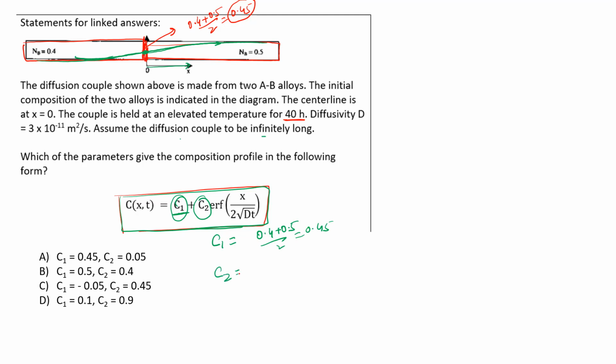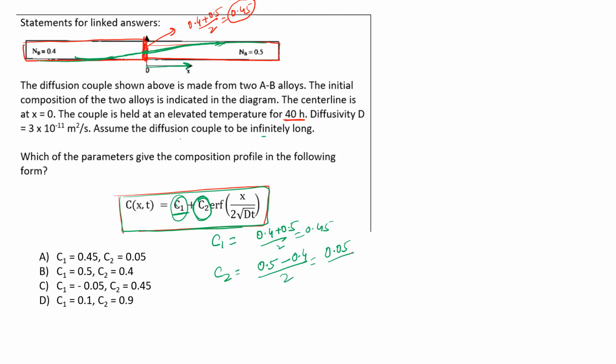And C2, okay, because it is in the x direction only and it is towards the material which has the higher concentration, this C2 will be a positive value, right? And it should be the positive value such that from the higher concentration 0.5 we will subtract the lower concentration, that is 0.4, divided by 2. So it will be 0.05. Okay guys, so it will be like this.